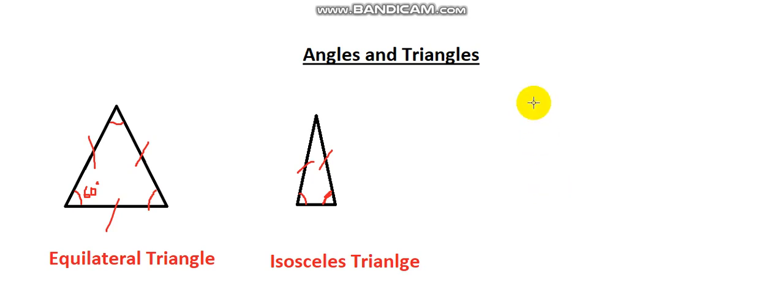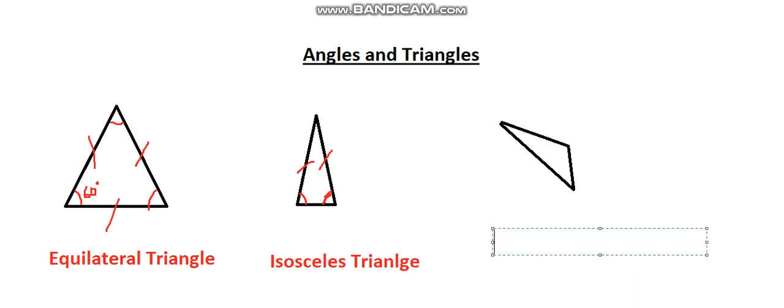Lastly, the last kind of triangle has no sides equal. It can be one really big, one less so, and one even smaller. And this is what I would call a scalene triangle. In Greek, skalino.